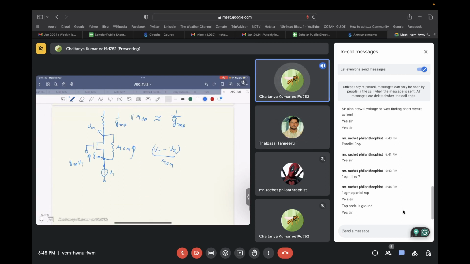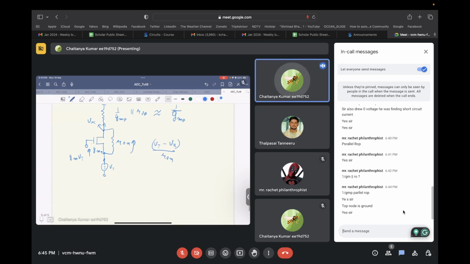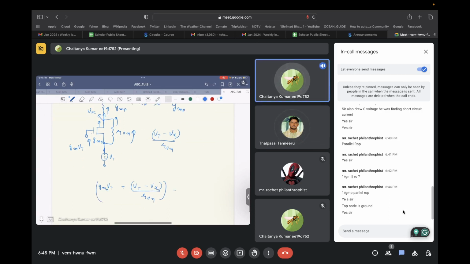So the total current flowing inside this 1 by GMP will be GMVT plus Vt minus Vx times 1 by RON. So this current and this current will combine, and the total current will flow inside this. It should be VT, right? No, it won't be Vt. It will be equal to GMP times Vt.